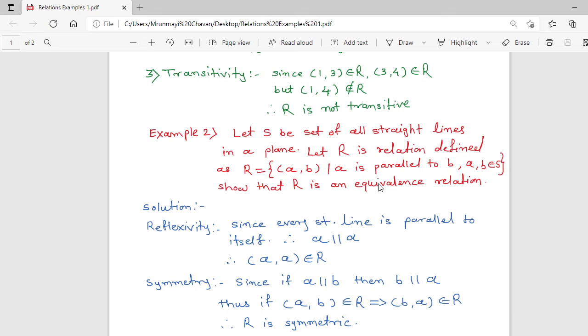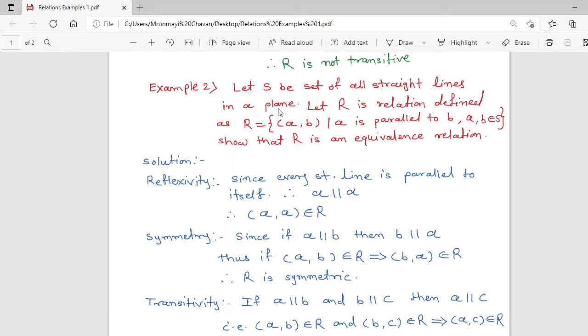See next example. Let S be the set of all straight lines in a plane. Let R be the relation defined as R is equal to the set of all pairs (a,b) such that a is parallel to b, where a and b belong to set S. Now show that R is an equivalence relation.